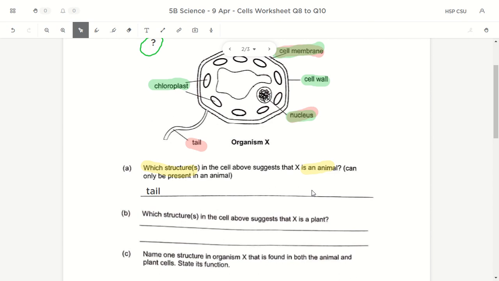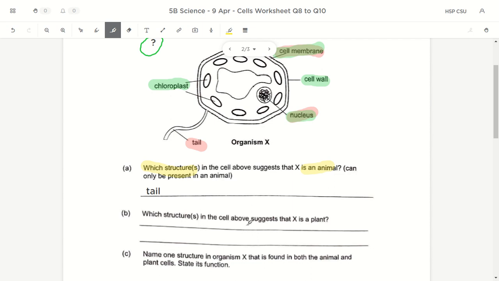Okay. So the next question, which structure in the above suggests that X is a plant cell?